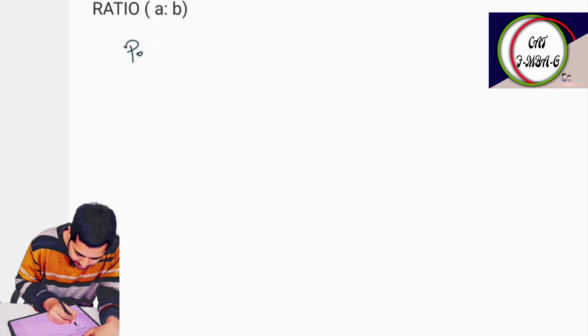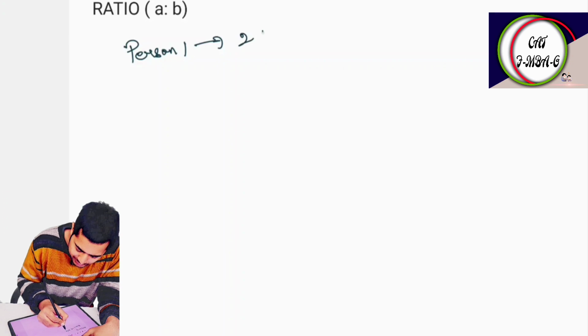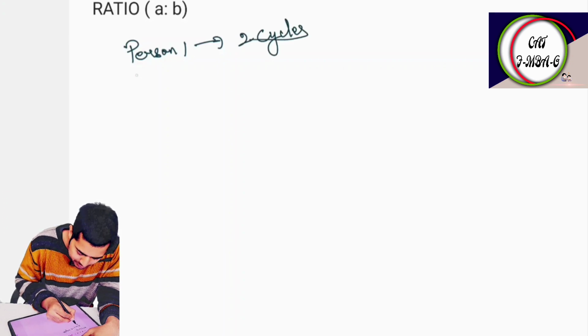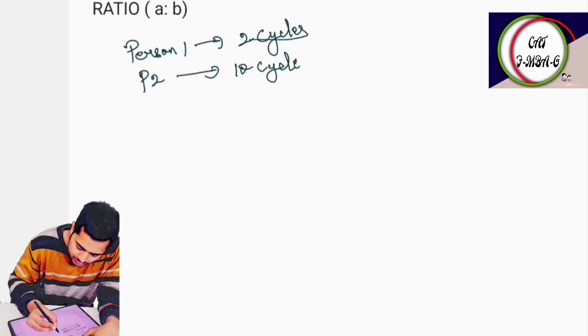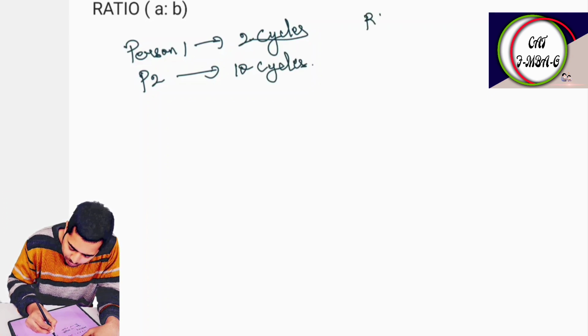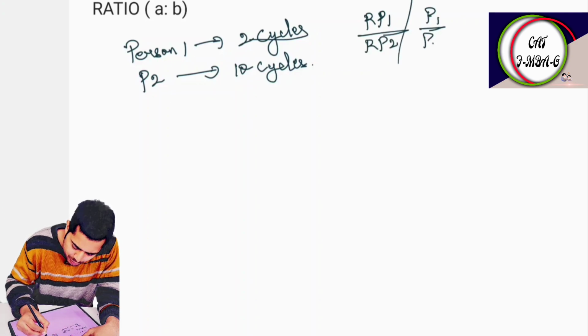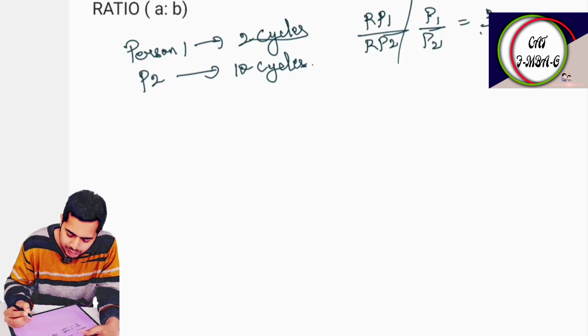Let us say person 1 has 2 cycles and person 2 has 10 cycles. So the ratio of person 1 to person 2 in terms of the number of cycles is equal to 2 by 10.